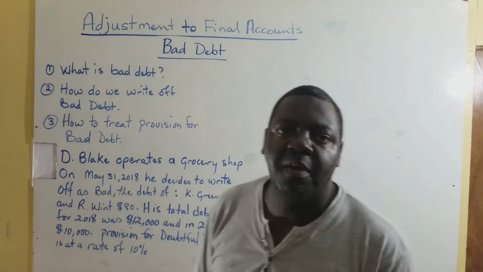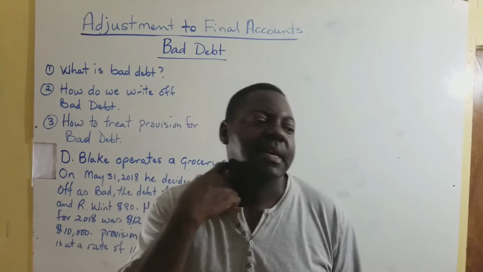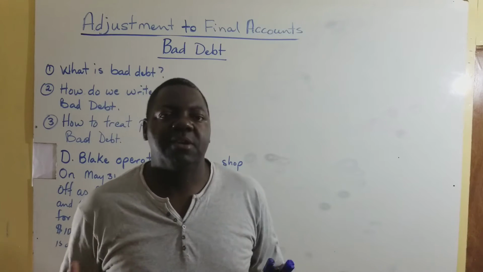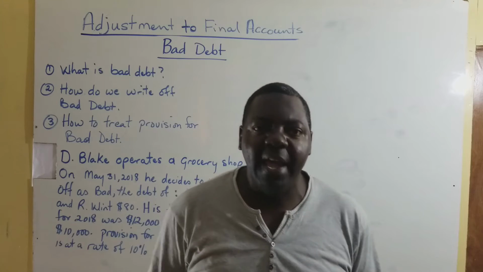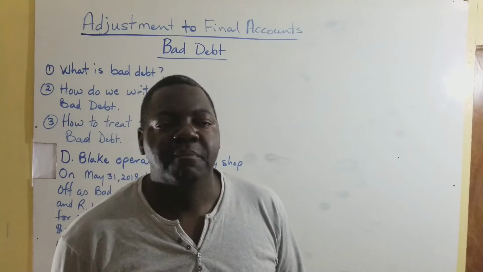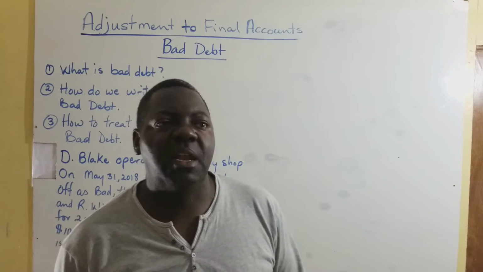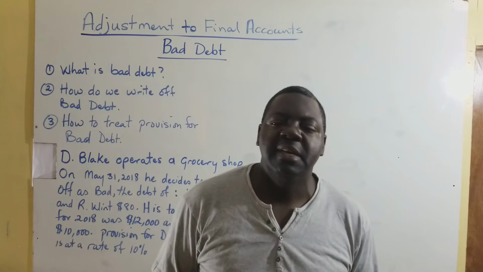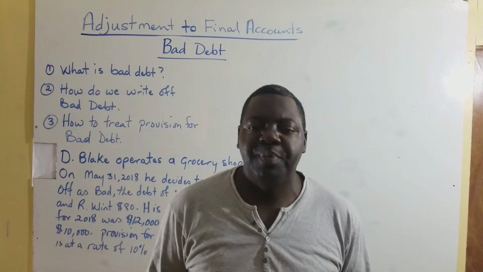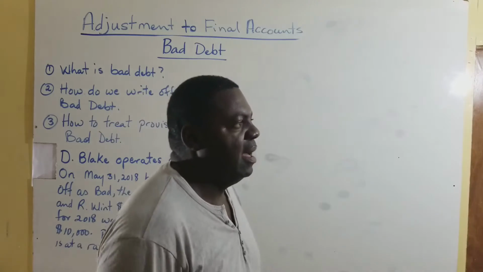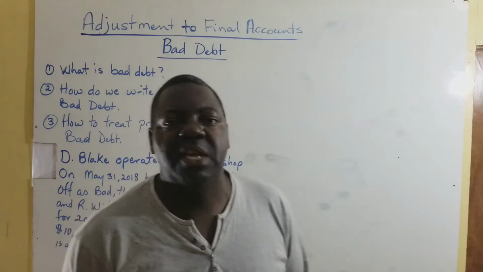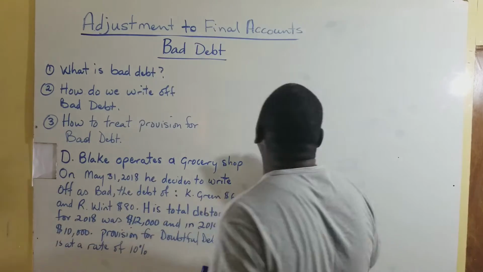The matter of bad debt. How does that occur in businesses, and why is it that business owners allow themselves to be trapped into this situation? Might I place before you that business transactions are done in two ways.